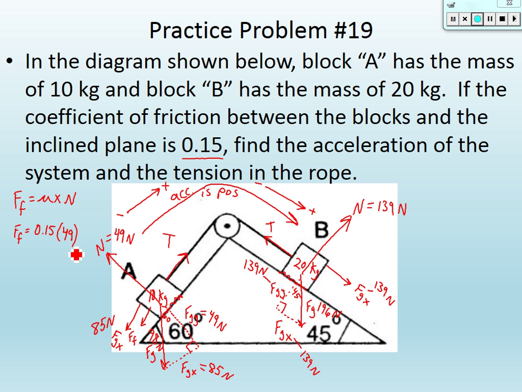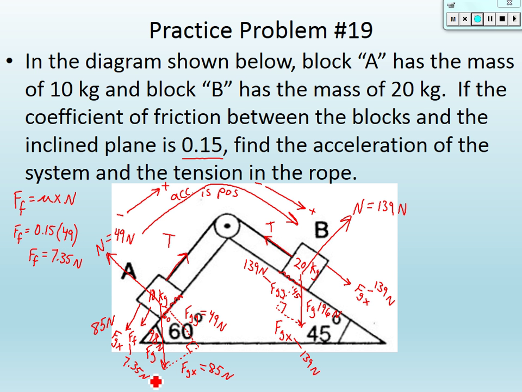Okay. So 0.15 times 49. So force of friction here is going to be 7.35 newtons. I'm going to put that in right here. 7.35 newtons.